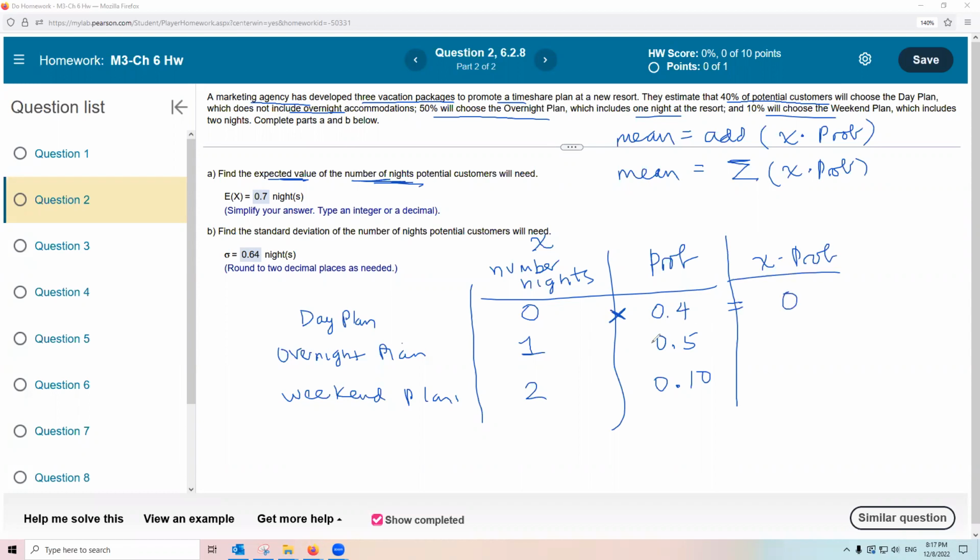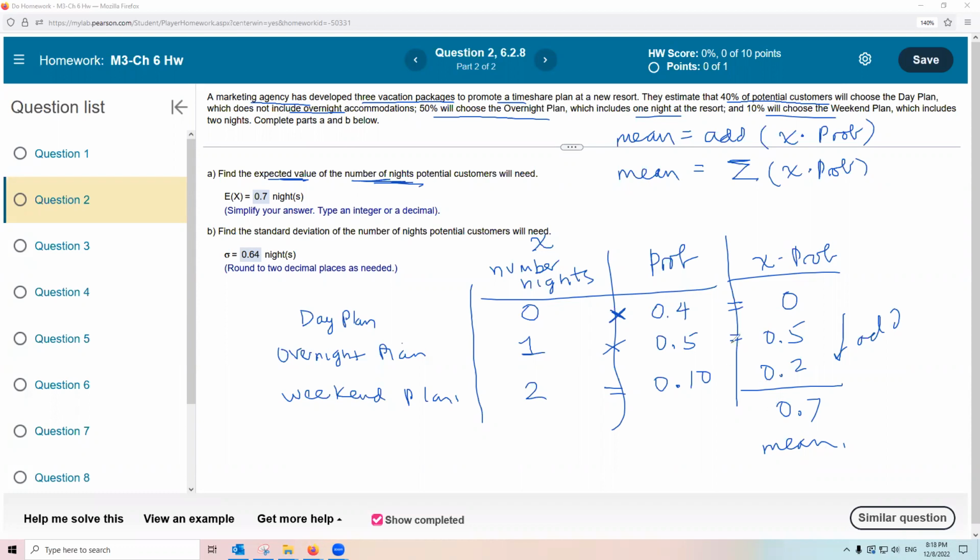For the first row, it's going to be 0. For the second row, it's going to be 0.5. For the third row, it's going to be 0.2. I'm just going to add these up. I'm getting 0.7 as the mean. So on average, customers are going to be selecting 0.7 nights. Of course, it's not possible to select 0.7, but it means that customers are going to be selecting between 0 and 1 nights.